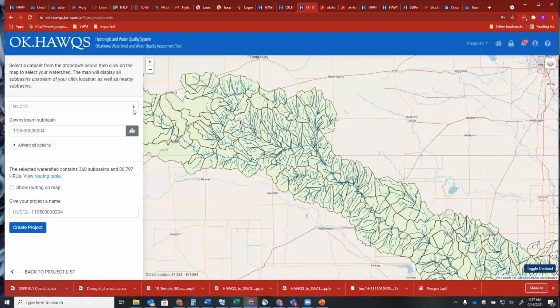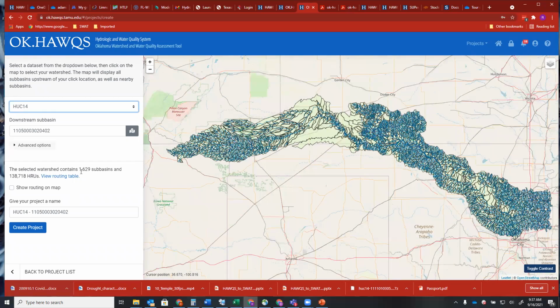The same thing, you can also do at the HUC 14. We highly recommend not to do HUC 14 for a large basin like this. Even though I selected HUC 14 for this entire thing, you can see this HUC 12 was 360, and HUC 14 is almost 1,629 watersheds.